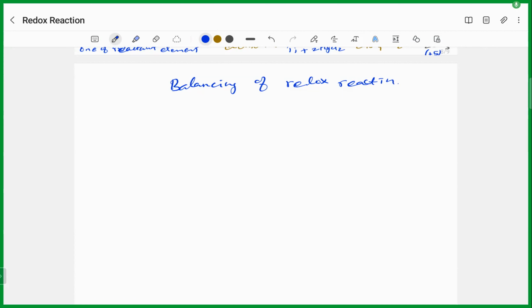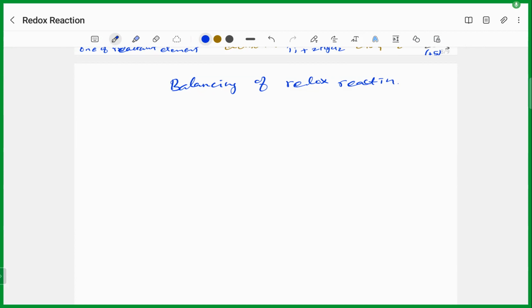So what is that? Total increase in the oxidation number of P4 to PH3 is how much? It was three times, no? And the total increase in oxidation number of P4 to H2PO2 minus is 1.